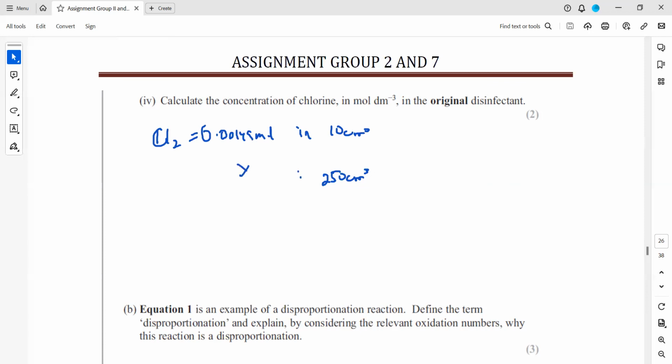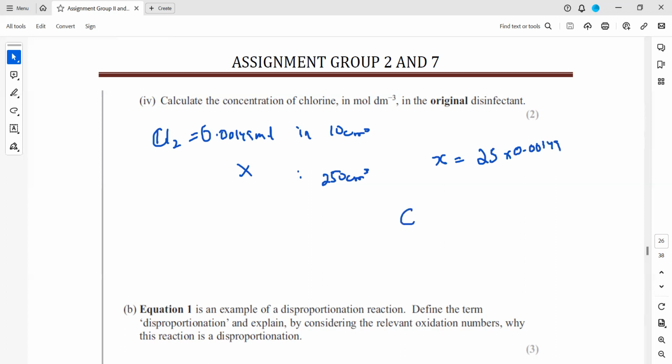So how many moles will be there? X. We just cross multiply. It will be 25 times, because 10 into 25 makes 250. So the total moles will be 25 times of this value. So this will be 25 times 0.00149. These are the total moles.